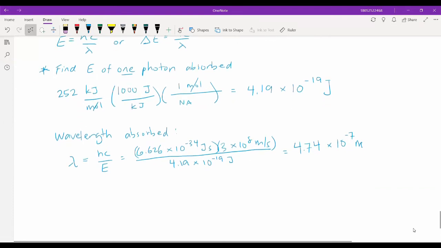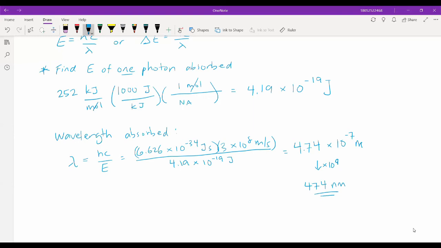Okay. So if we convert that into nanometers, we just multiply by 10 to the 9th. That's going to be 474 nanometers.